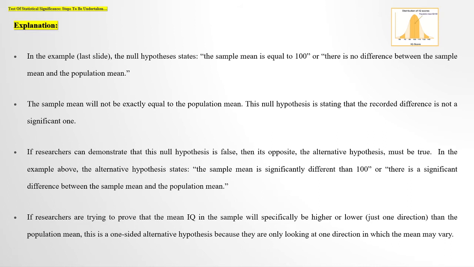If researchers are trying to prove that the mean IQ in the sample will specifically be higher or lower, in just one direction than the population mean, this is one-sided. Taking only one side into consideration, it is known as a one-sided alternative hypothesis, because it's like looking at only one direction in which the mean may vary.